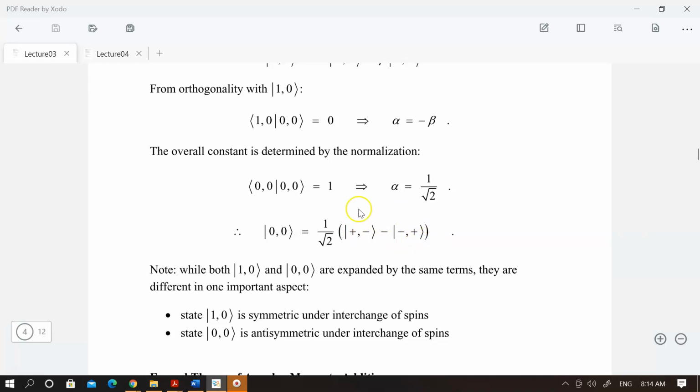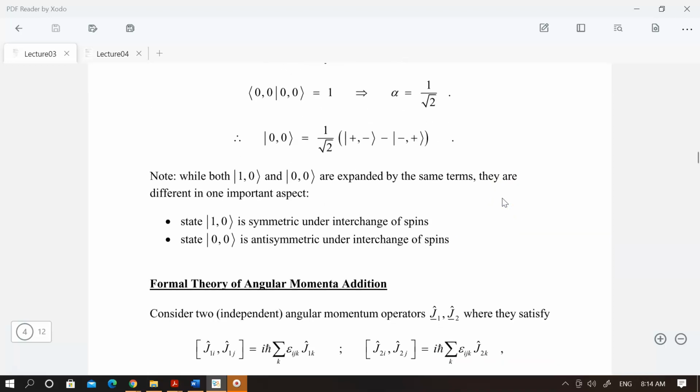So it's related to the original state by a minus sign. So in this particular case, the 0 0 state is antisymmetric under interchange of spin. And if you look at the case of 1 0, you remember this with plus, minus, plus, minus, plus.